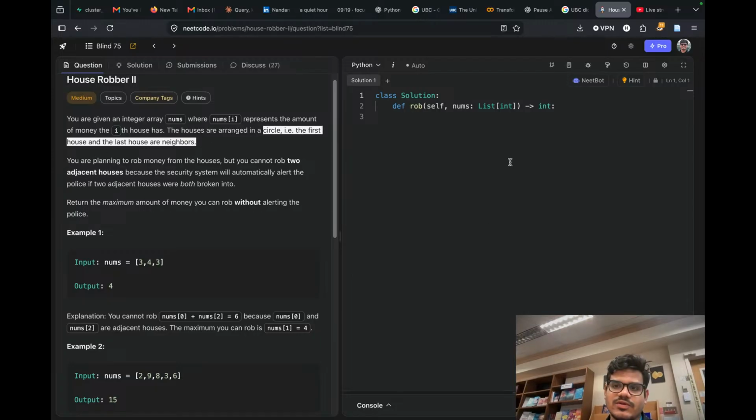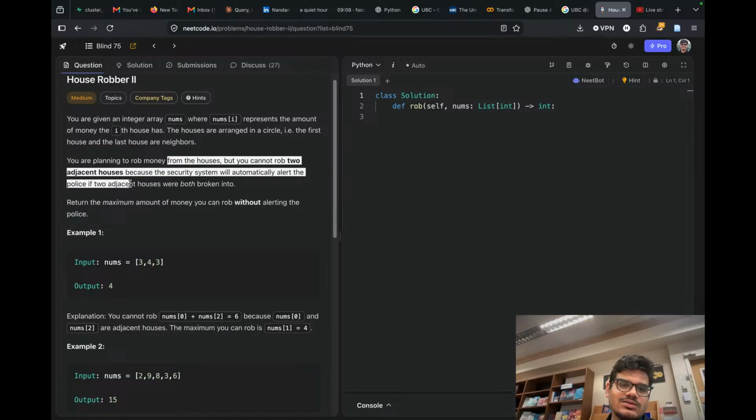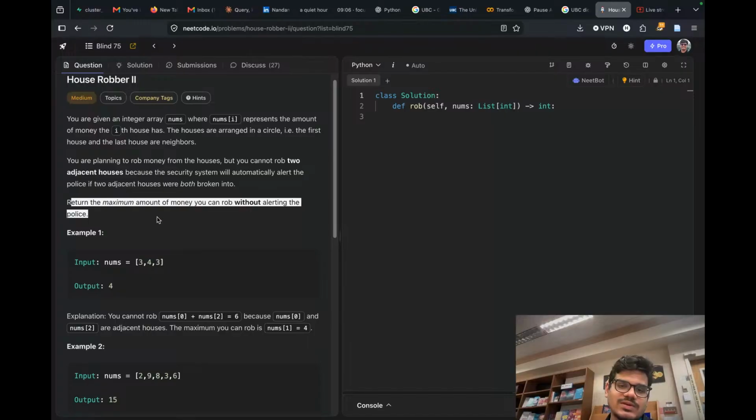Okay, so this is in the form of a circle. So you are planning to rob money from the houses, but you cannot rob two adjacent houses because the system will again alert. So we have to return the maximum amount of money that can be robbed. Okay.